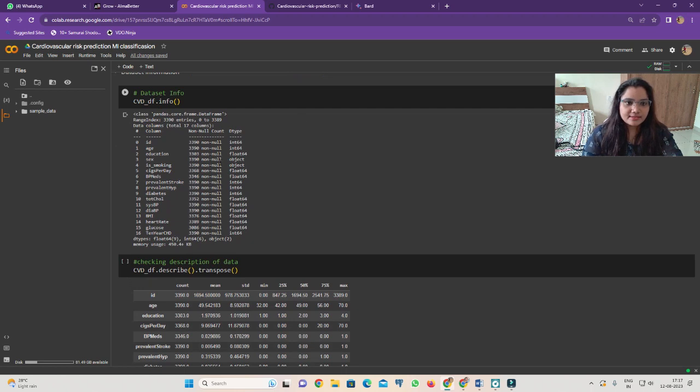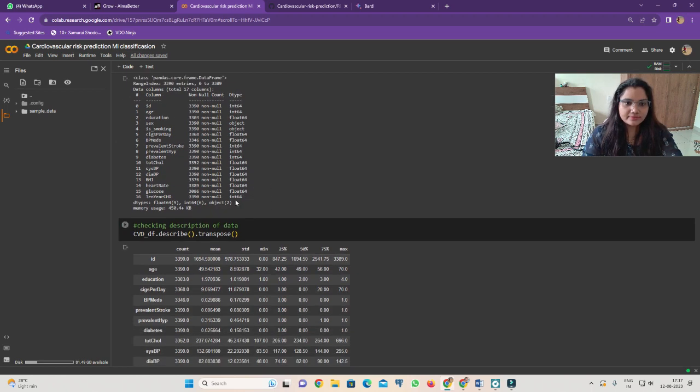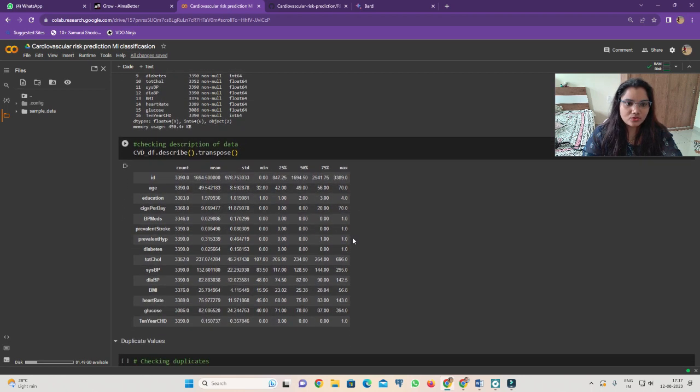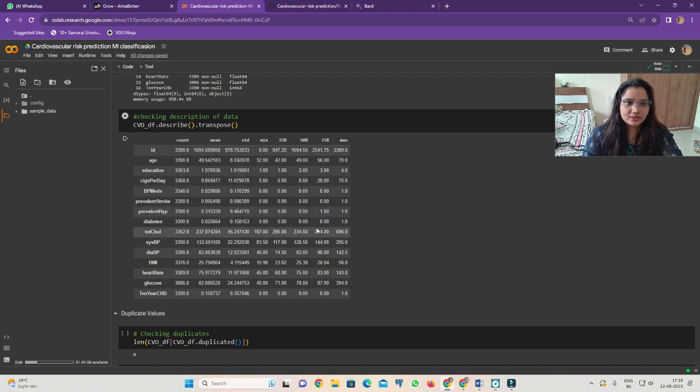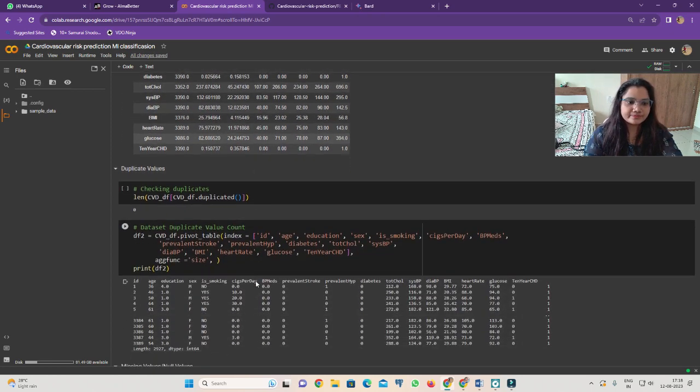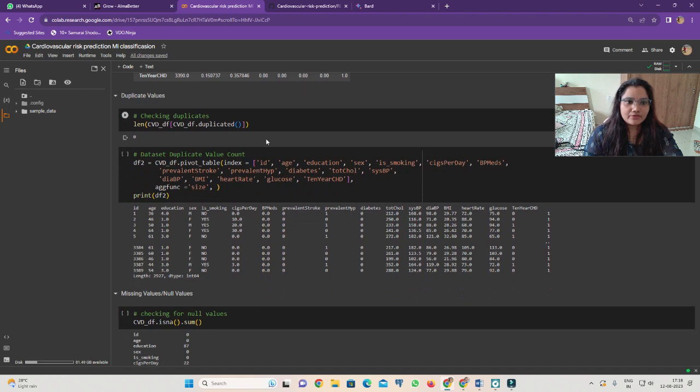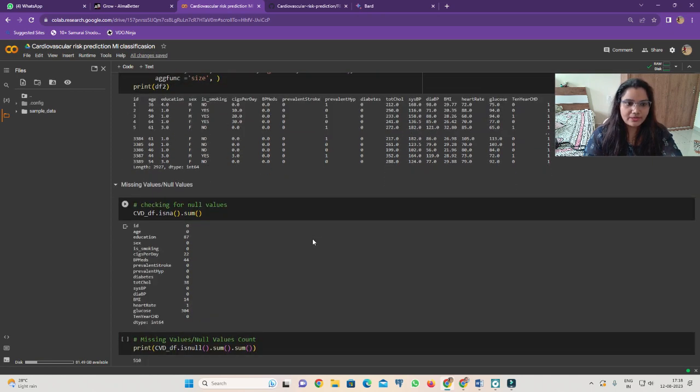We can see the data set info here, like floats, integers, objects, non-null values and null values also. Then here we are checking the description of the data, which contains mean, standard deviation, minimum and percentiles of each of the columns. Then we ran code for duplicate values, but we got 0 duplicate values.